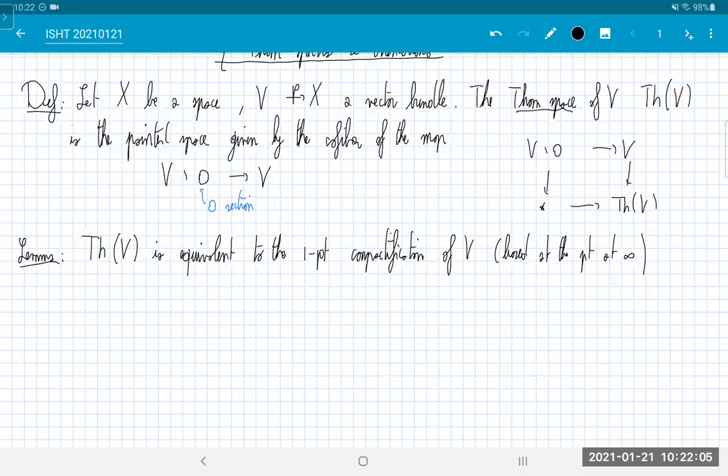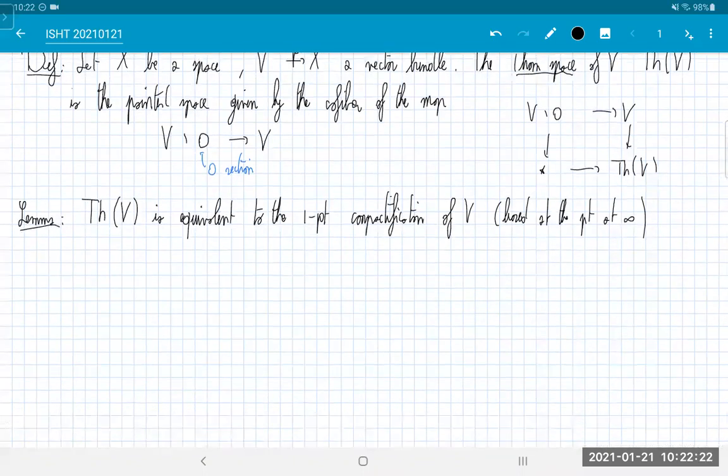Or if you think of the cofiber as a mapping cone, it's pointed at the cone point. Cofibers are always pointed. That's a useful fact that we'll use in a second, actually. But first, this concrete lemma. In fact, this lemma is the traditional definition of the Thom space. Although it will be more convenient and more canonical to think of it as that cofiber.